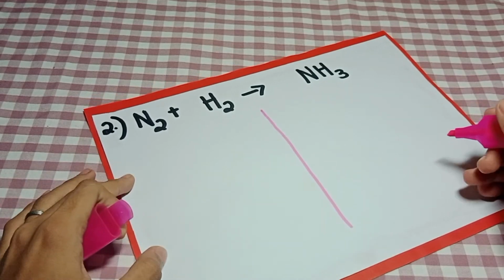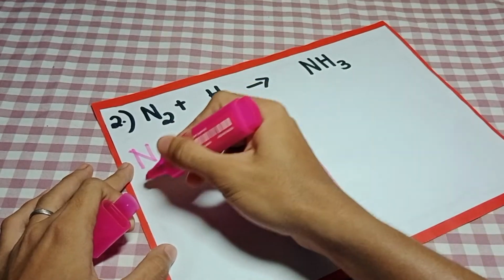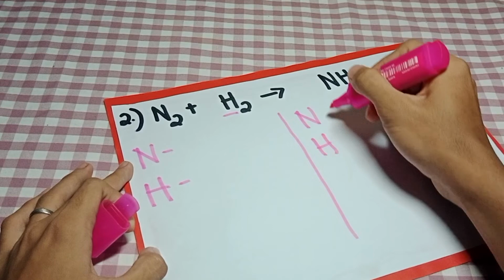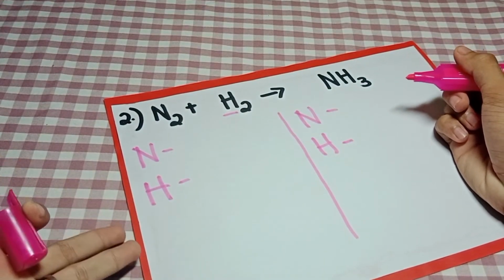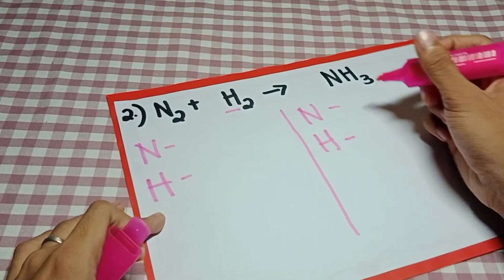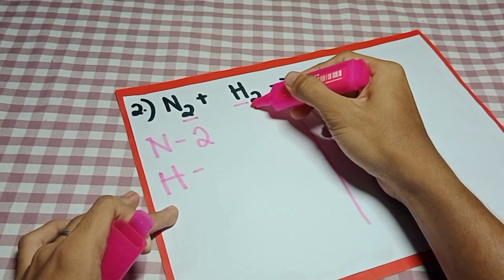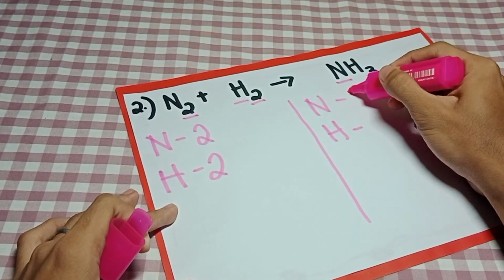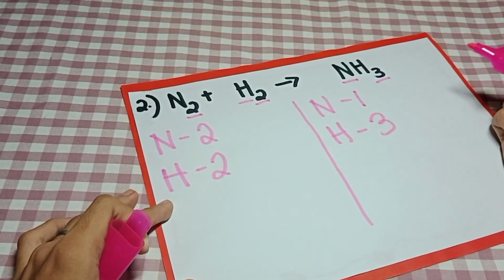Here on the reactant side, we have nitrogen and hydrogen. On the other side, we have nitrogen and hydrogen too. So the next thing to do is, again, count how many nitrogen and hydrogen are present on both sides. Here we have 2 nitrogen atoms and 2 hydrogen atoms. Here we have only 1 nitrogen atom and 3 hydrogen atoms.